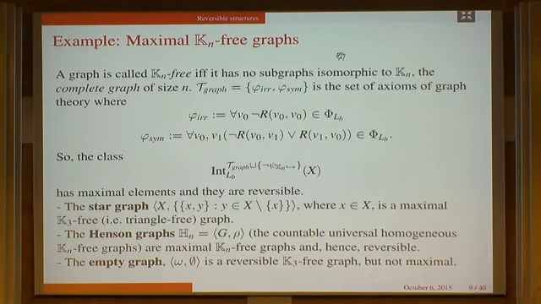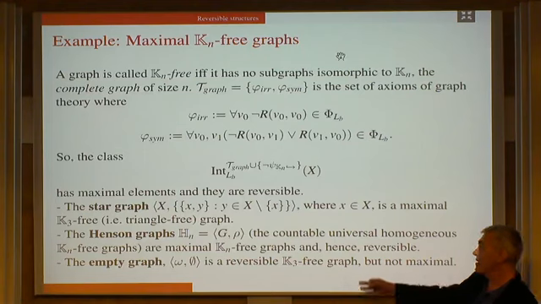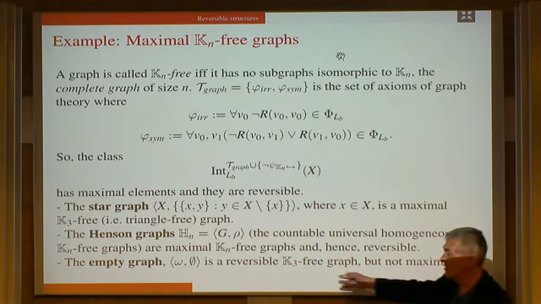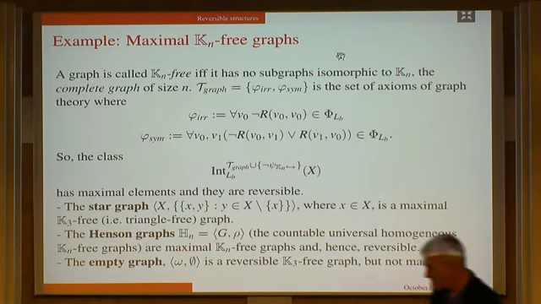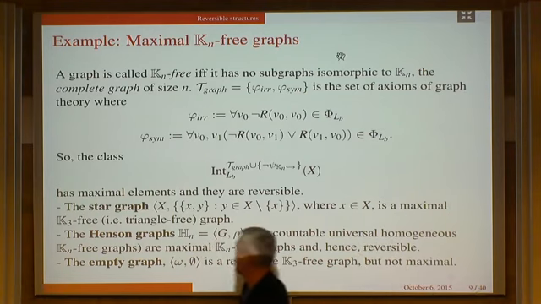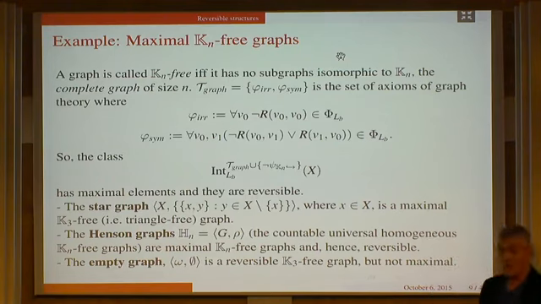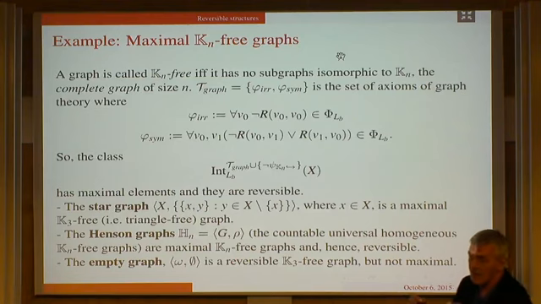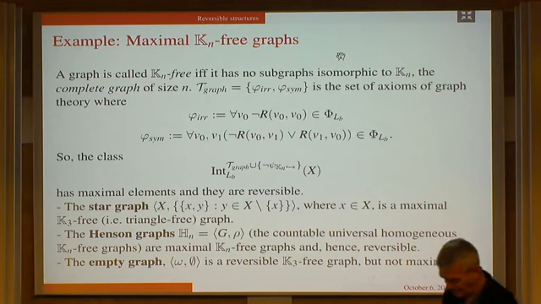It's omega-categorical, and so on. So ultra-homogeneity and reversibility are unrelated. Henson graphs, and also the empty graph. If you take the empty graph, it is, of course, reversible, but it is not maximal, which shows that it is not true that all reversible are maximal. Maximal are special reversible structures.